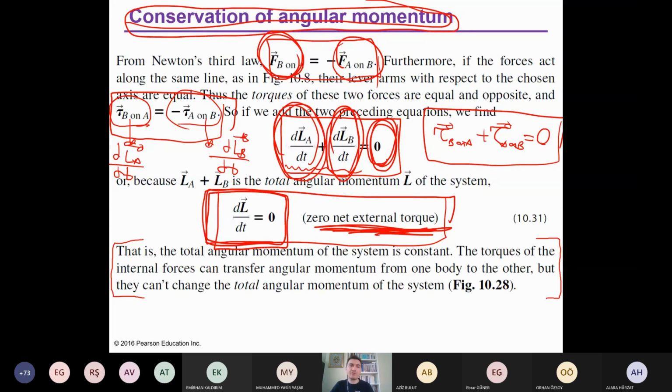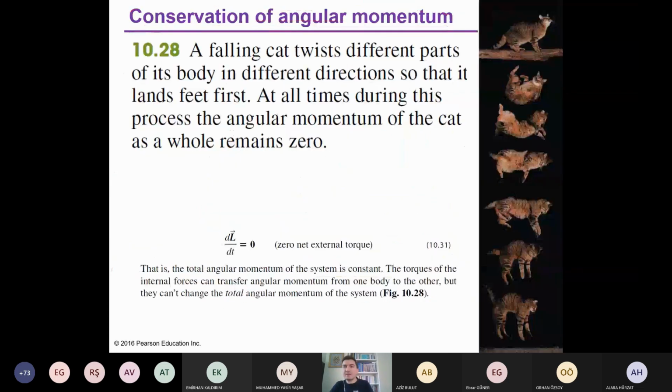The torques of the internal forces can transfer angular momentum from one body to the other, but they can't change the total angular momentum of the system. Here we have one example. This is the cat. It is sitting here and then it is falling down. Okay, what happens?